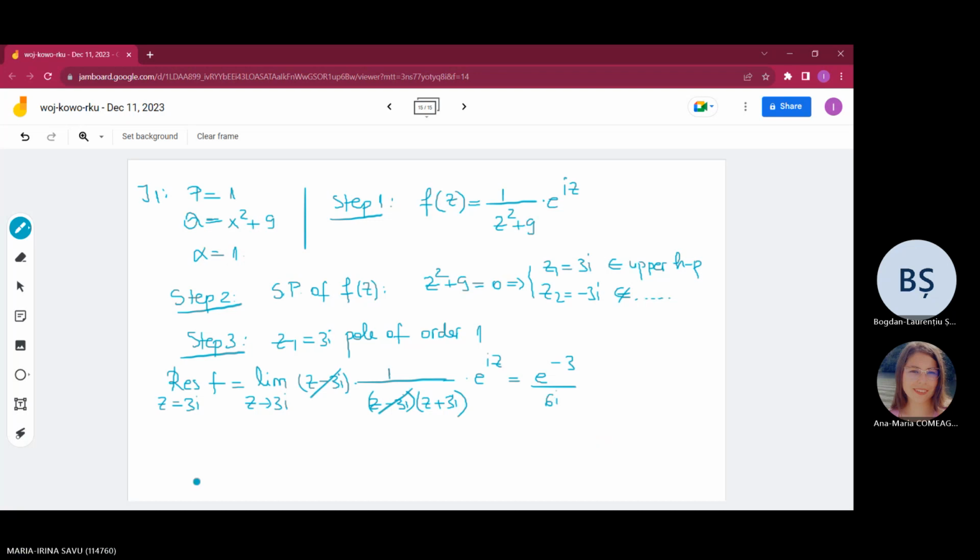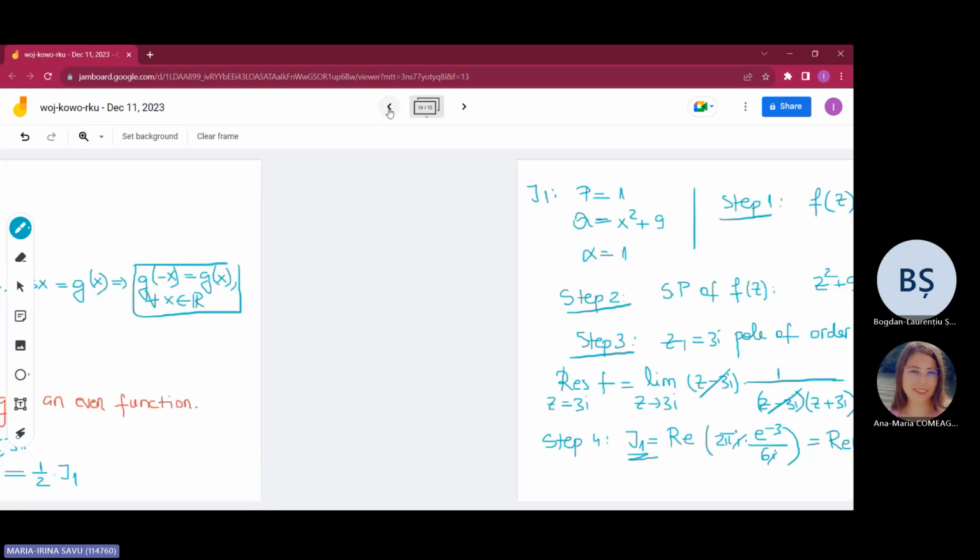And I1, because it contains cosine, is the real part of 2 pi i times this residue. We have a simplification here and here, so we get pi e to the minus 3 over 3, which is real, and this one.